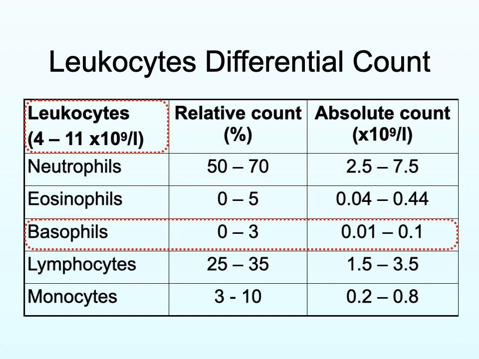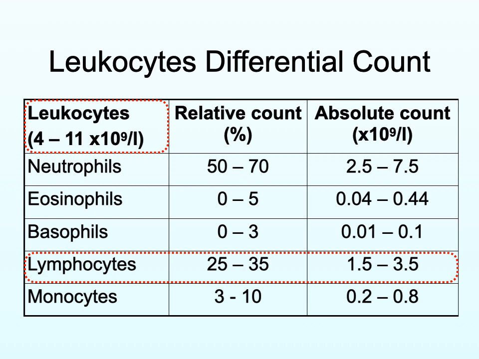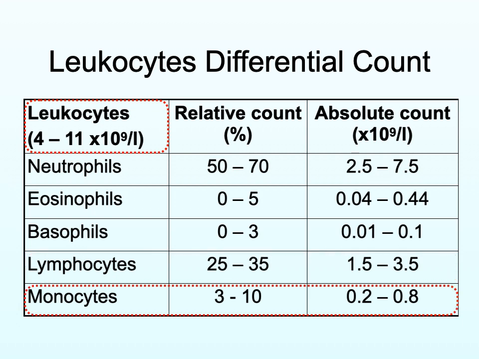Basophils, which are the least numerous white blood cells, less than 3% relative count, absolute count between 0.01 to 0.1. Lymphocytes, 25 to 35%. The absolute count is between 1.5 to 3.5. And monocytes, the relative count is 3 to 10%, where the absolute count is between 0.2 to 0.8 times 10 to the power of 9 per liter.